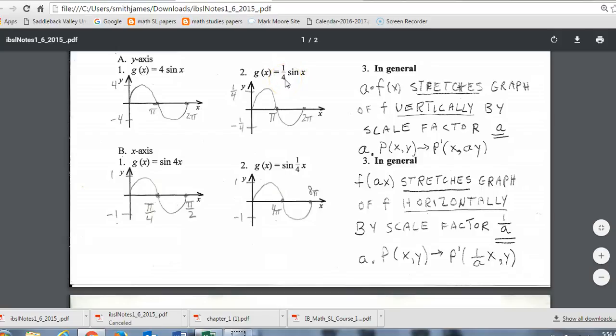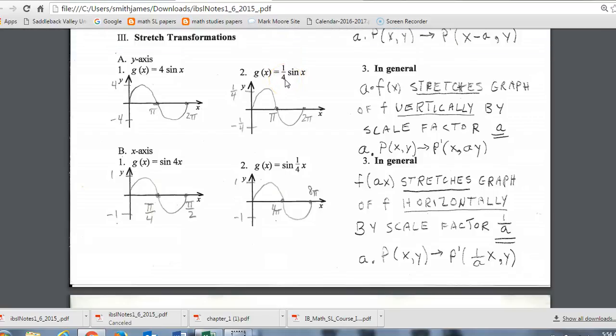Same thing right here. If my a value, if I am multiplying the entire function times 1/4, then that will be what I would multiply my max and my min by to get the new max and the new min. So this is actually shrinking the graph to 1/4 of its original max and its original min. And again, you can see how that would affect the point values that you see right over here.